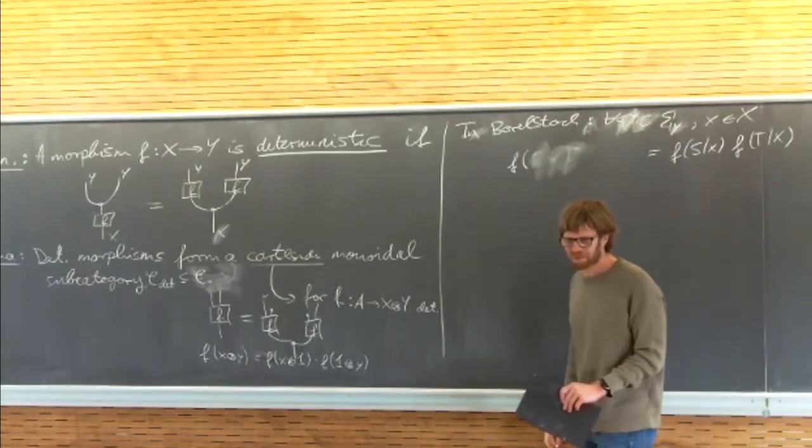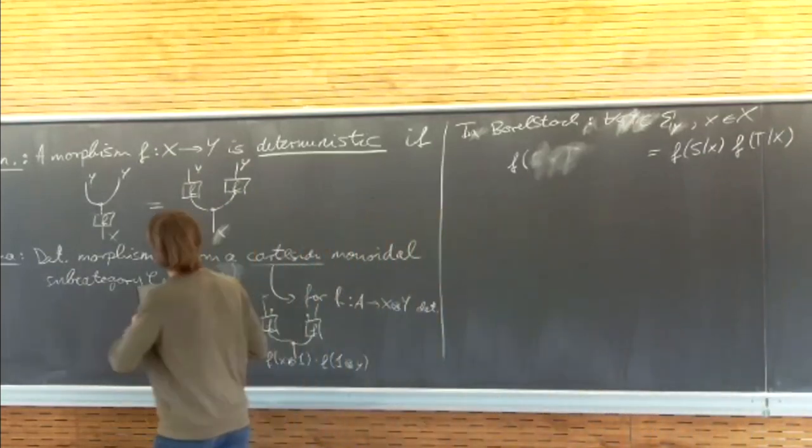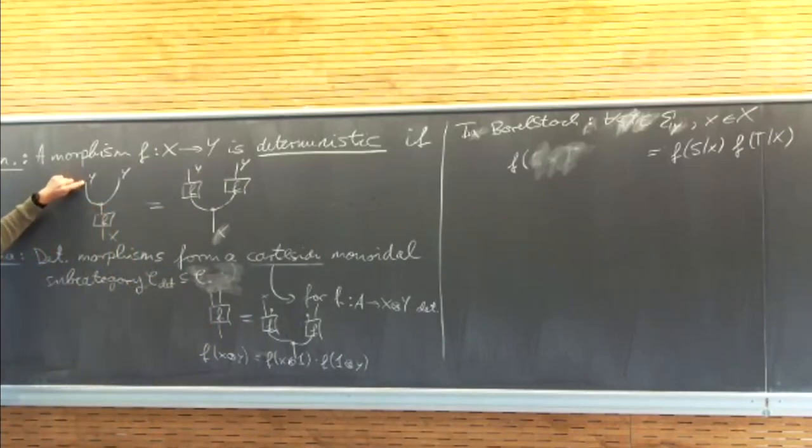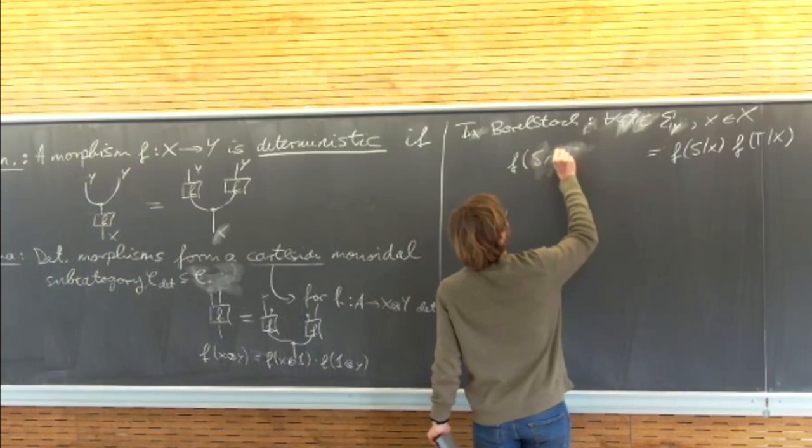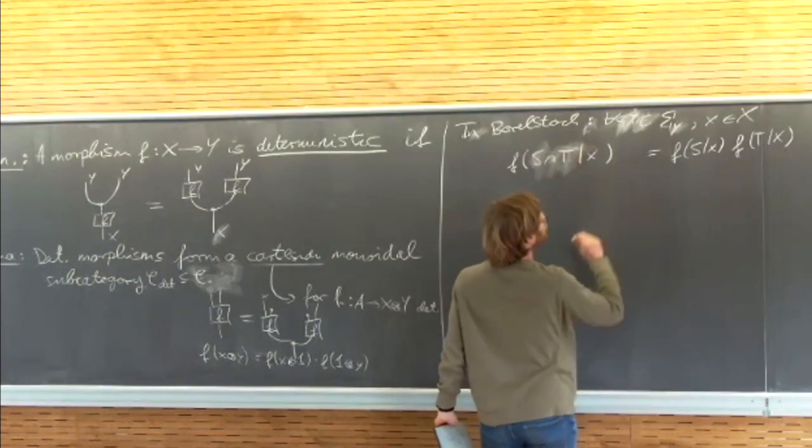Now, what about the left-hand side? Well, under what conditions do we get an output that is in S here, and an output that is in T here? Well, that's precisely if the output of f is in S intersect T. Right? If it's in both S and T. So here we have f of S intersection T given x.